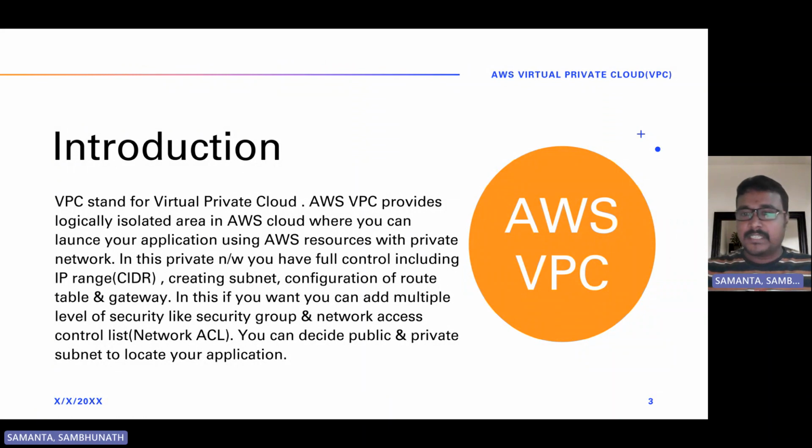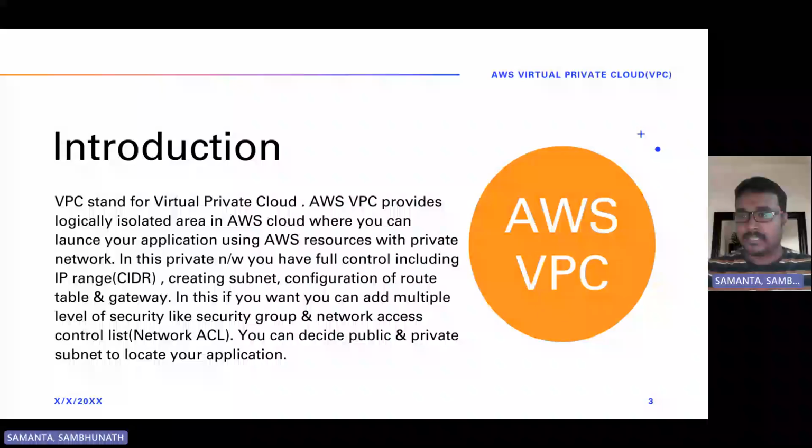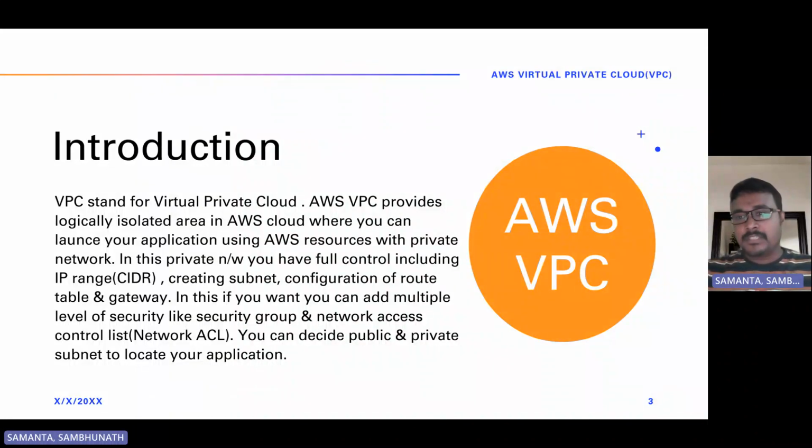Why do we need this private network? In AWS, whichever region you go to, there will be one default VPC, and all the default components will be available in it.